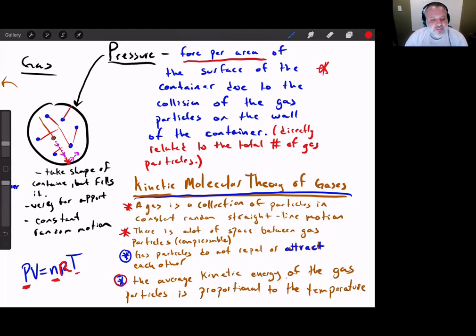The other thing we didn't show in the picture is that the average kinetic energy, the energy of motion, is directly proportional to the temperature. In other words, the higher the temperature, the greater the amount of motion, and with all other things being equal, the greater the pressure would be, because the greater the force they're using to collide with the walls of the container. But they're all interrelated in this way.